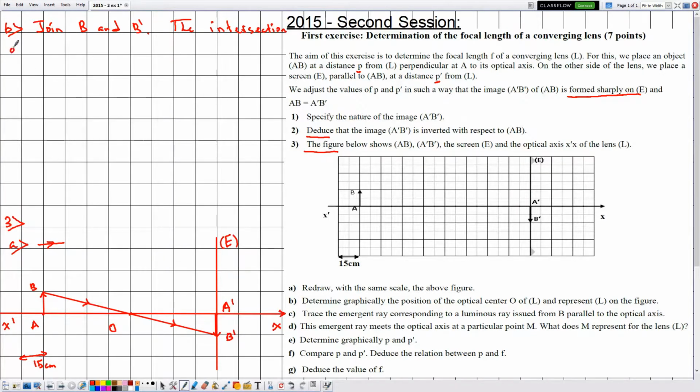The intersection of BB prime with the optical axis is the optical center.